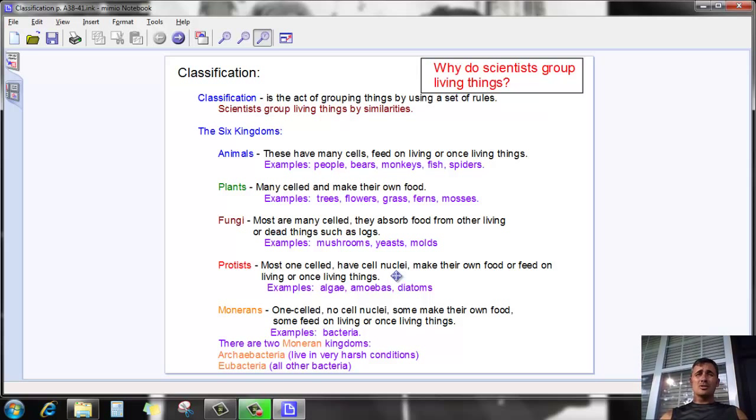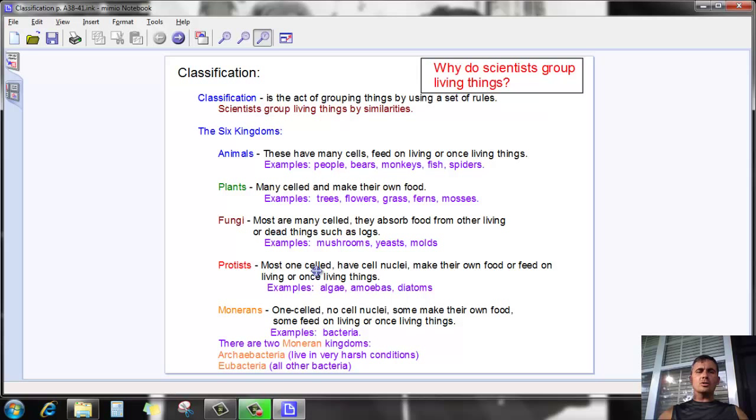Now, cells, especially these little protists, these one-celled creatures, the archaebacteria, eubacteria, don't really have a brain to think, but they have this cell nucleus that's kind of a command center, and it just tells the cell what to do in very simple terms, very basic functions. And so it's not like they're thinking thoughts and things, because they do not.